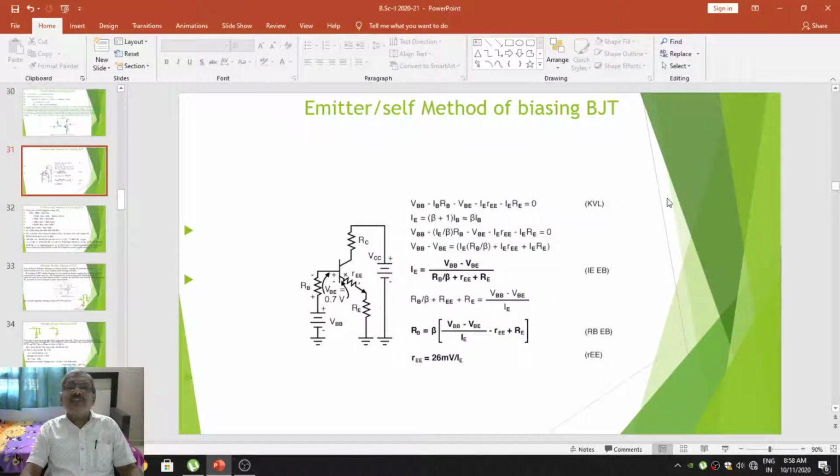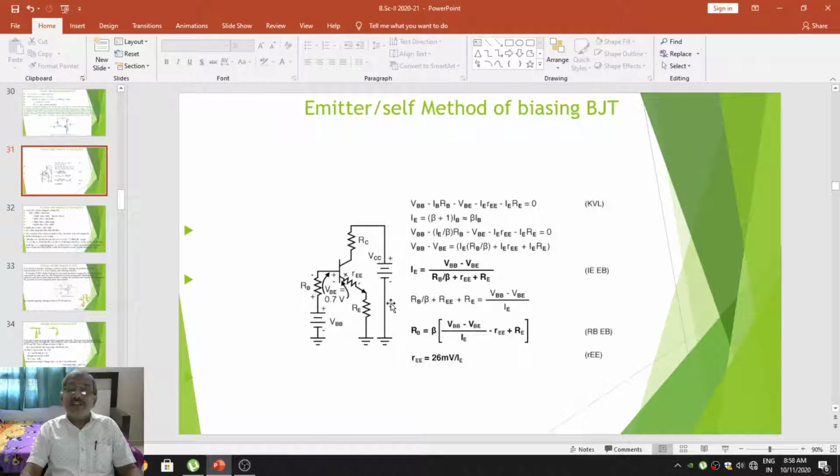To perform the analysis, we simplified that particular bias circuit. That is, we have removed the input signal to be amplified and just placed DC voltage sources.